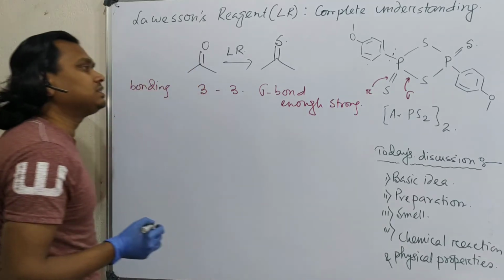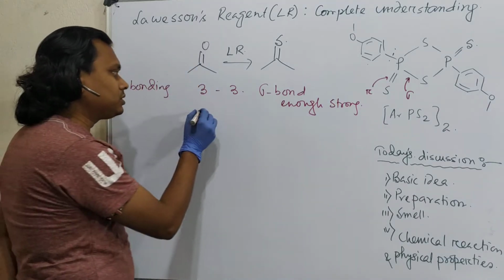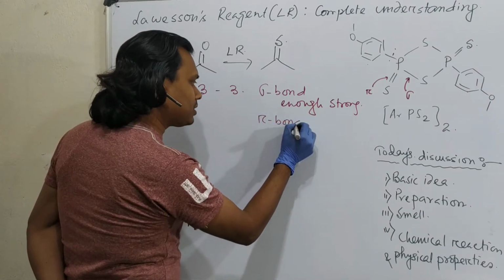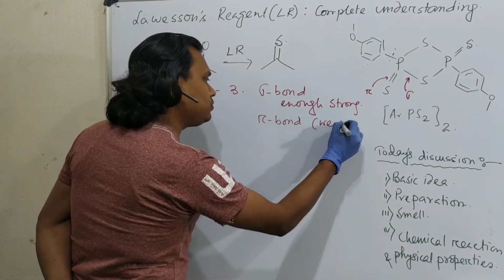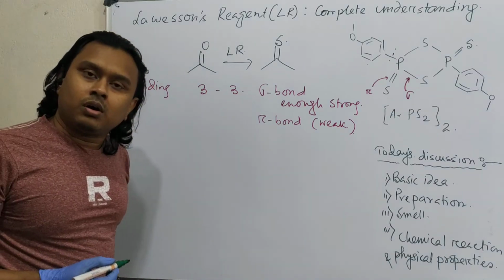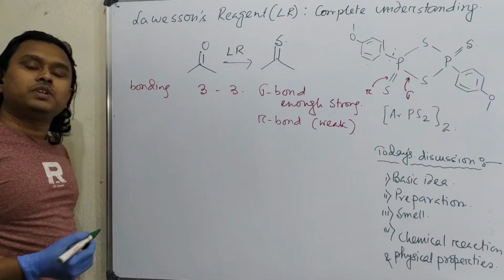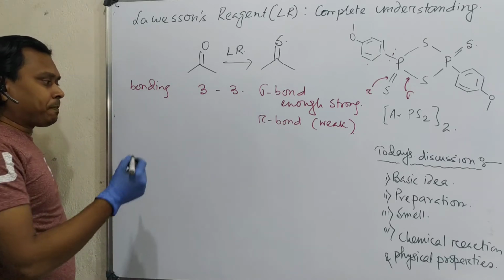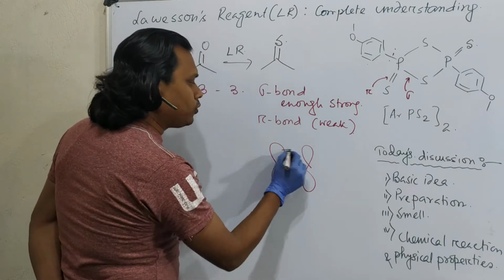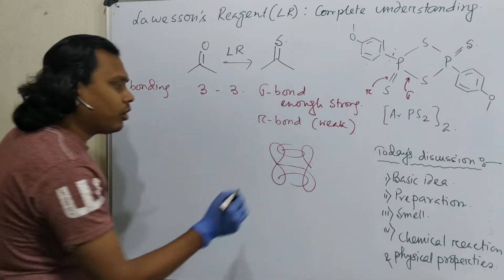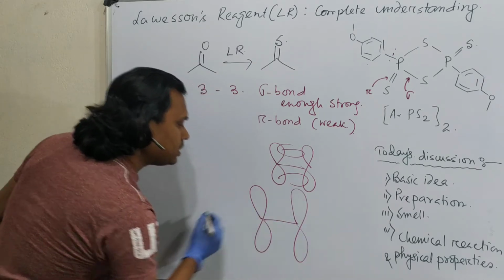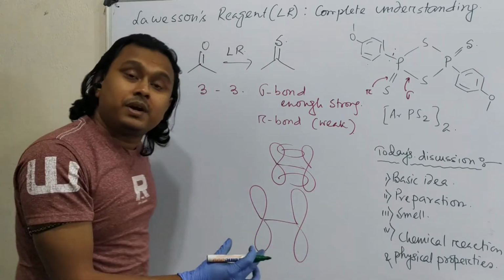Whereas if we consider the third row pi bond, that is actually weak. Why? Because of improper overlap of the orbitals involved. When we consider a 2p pi bond, the overlap is more compared to a 3p. The size is big and the atoms are separated enough.